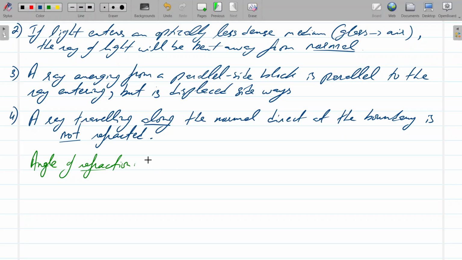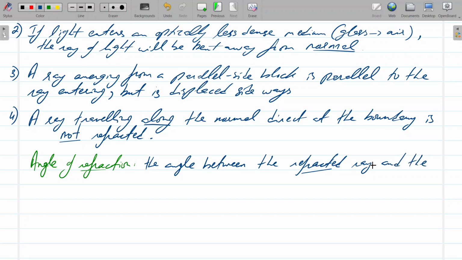Just like the angle of incidence and the angle of reflection, it is the angle between the refracted ray and the normal to a surface.